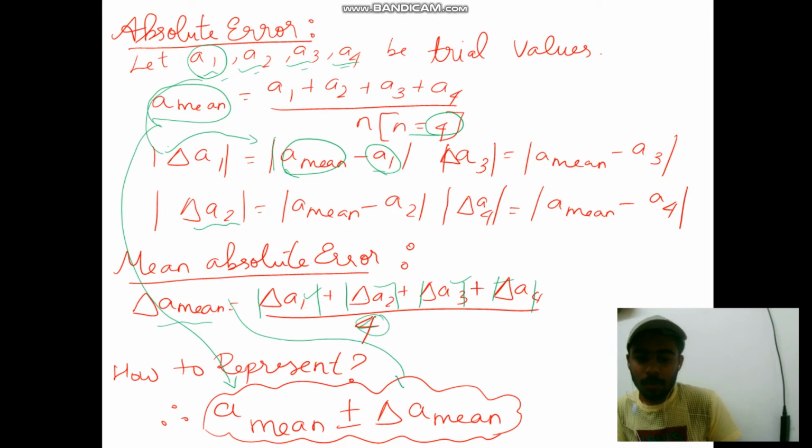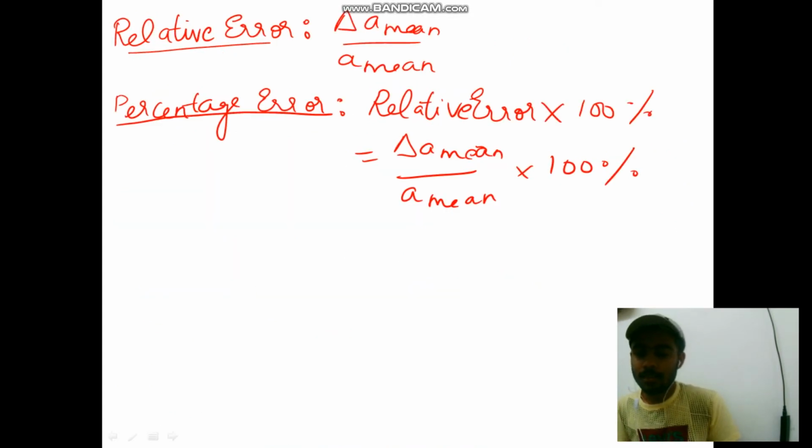So absolute error means first find the mean value and then the modulus of the mean minus each trial value, and mean absolute error means the sum of all absolute errors divided by the total number of trials. Okay, now let us move on to the next thing.